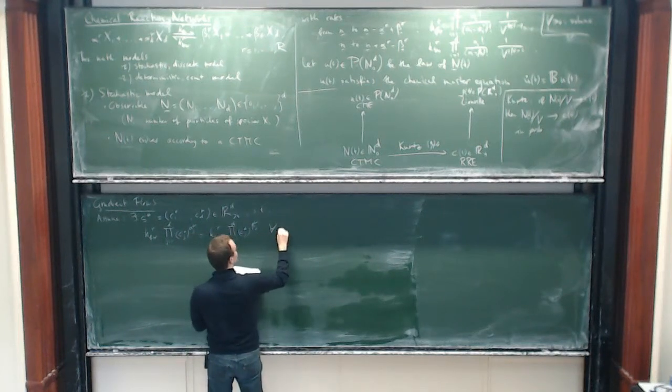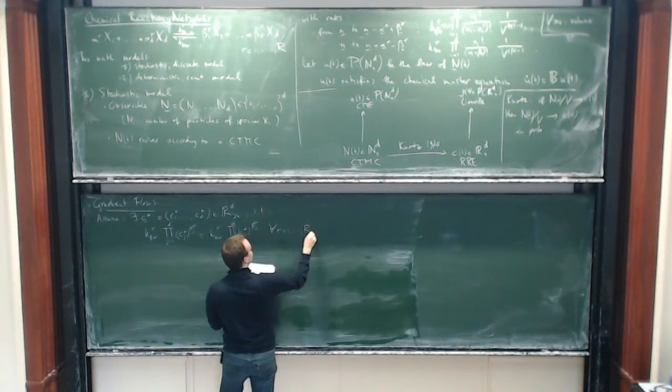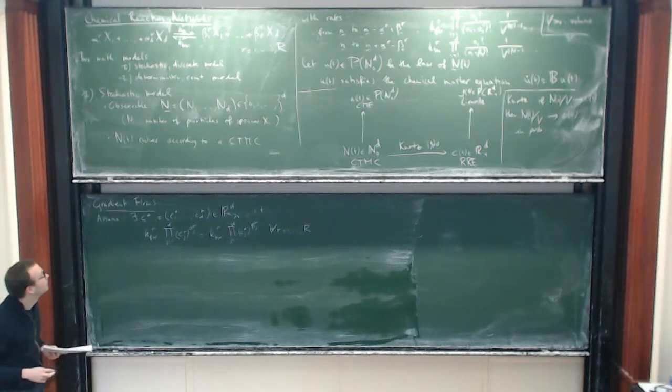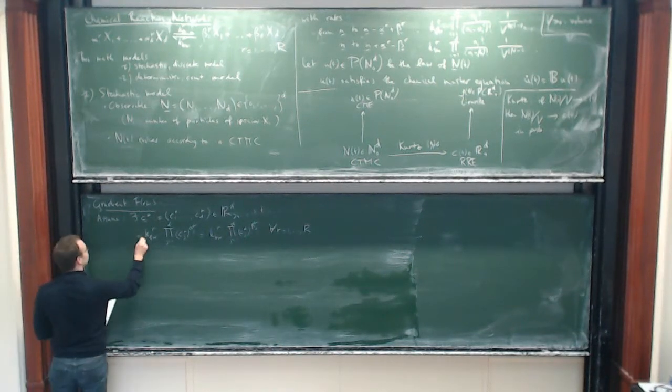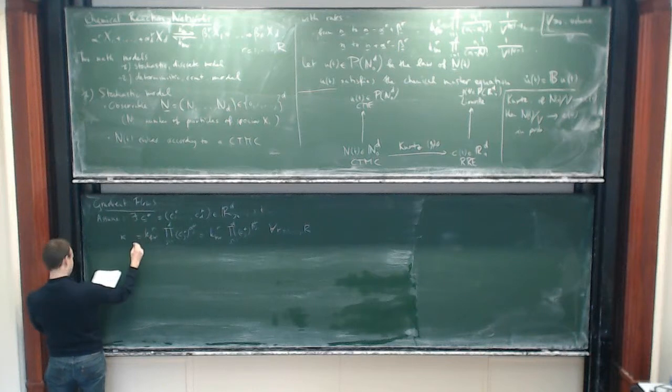And you want this to be true for all of your reactions from 1 to R. And we're going to give this a name, so this I denote by kappa_r star.